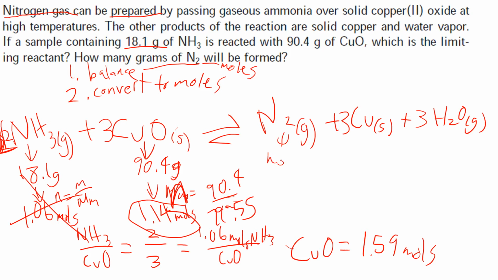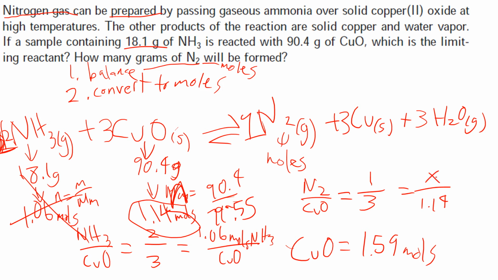We're going to figure out how many moles of nitrogen gas. So nitrogen gas over copper oxide is equal to 1/3. The mole ratio, there's a 1 here, 3. And how much copper oxide do we have? Well, we have 1.14.